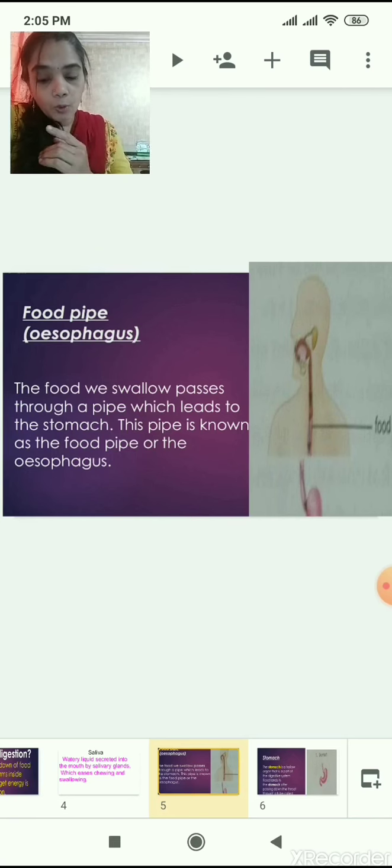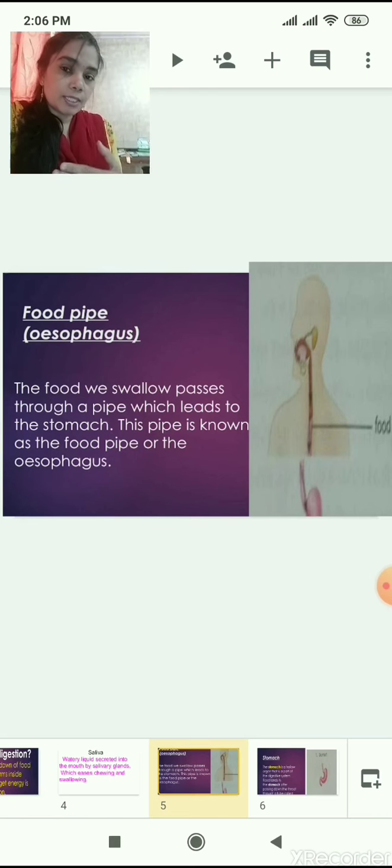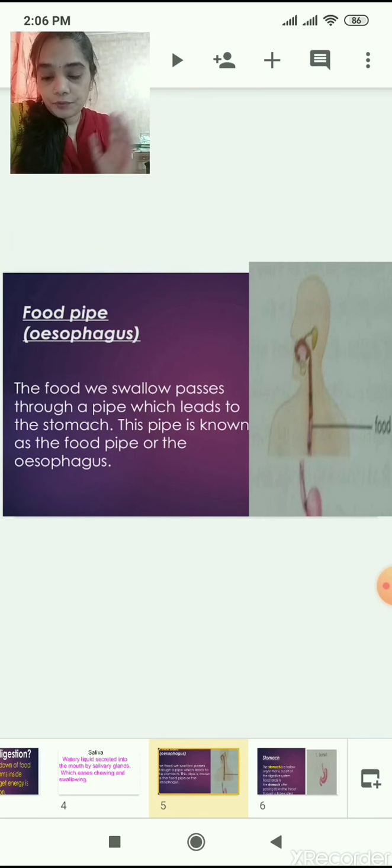It is the mouth first, then the food pipe, then the stomach, then small intestine, then large intestine, and liver and pancreas. They all work together to perform the process of digestion.